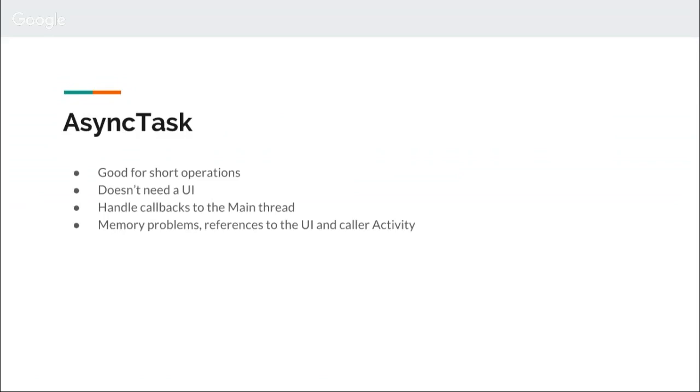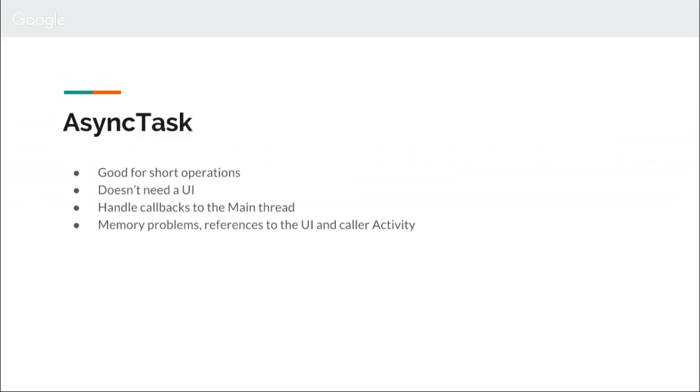But you can cause some problems with this. You know, an async task onPostExecute can operate on the main thread, but that can be a problem. Think of this. The async task runs in the background, right? We throw some work at it, and then we decide to load another view.